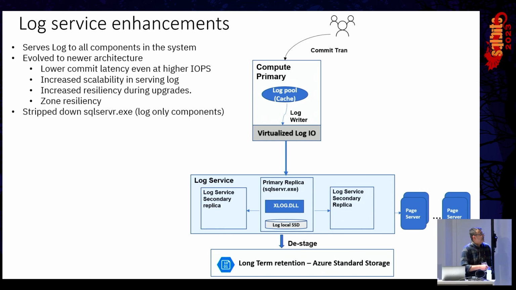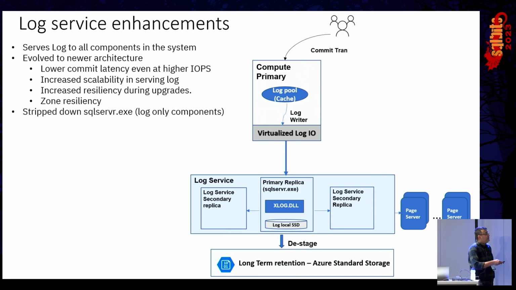You can think of this log service as an availability group on SQL Server with a primary and 2 secondaries that only has an LDF file. So the only job is log hardening. It doesn't do log apply. It doesn't have data files, anything of that sort. So when you commit a transaction, effectively, you're writing to this log service. You write to the primary replica, and it quorum commits with one of the secondaries, right?